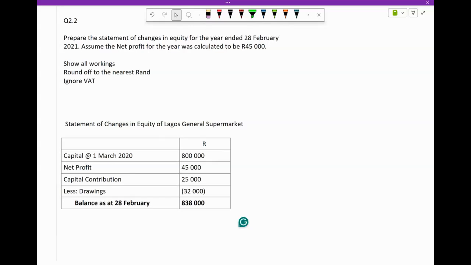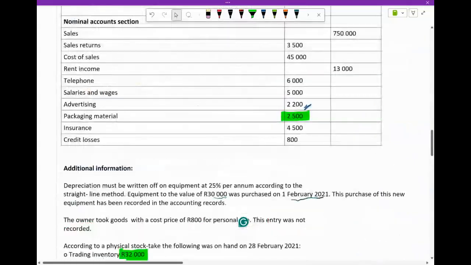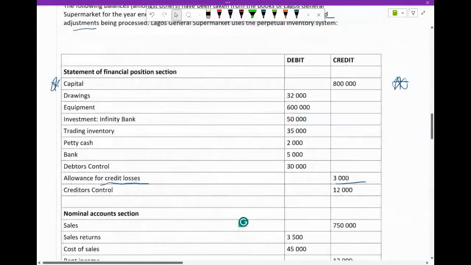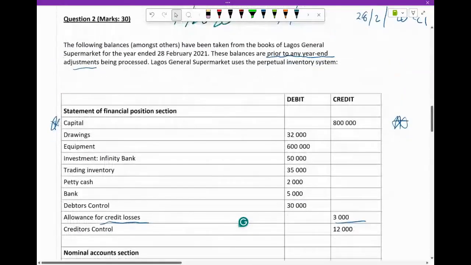Okay, guys, this is just obviously finding our new capital balance. So we know at 1 March, if we look at that statement, our capital was 800,000. Here at the beginning, under the balance sheet section, you can see 800,000. Then drawings, whilst we're here, 32,000.